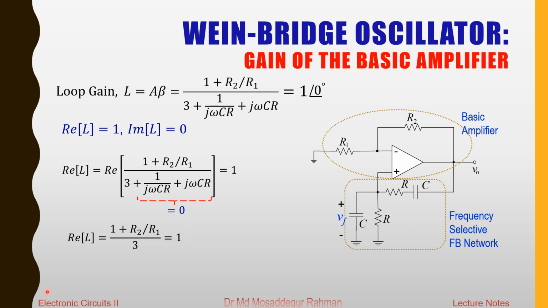And this will give us the value for the gain of the amplifier. 1 plus R2 by R1 is the gain of the basic amplifier, so that should be 3. So in order to have a magnitude of 1 for the loop gain, the basic amplifier should have a gain of 3.